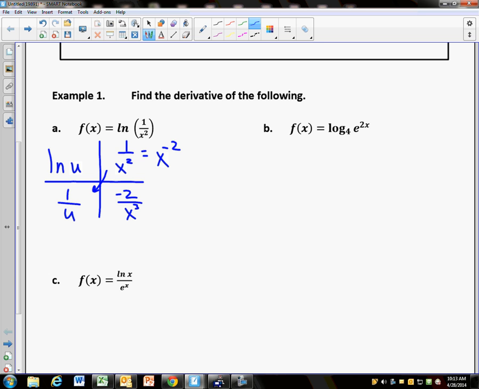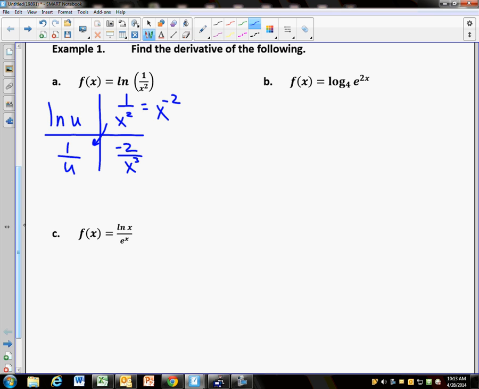So now what I have to do is I have to multiply them together, don't I? So if you have 1 over x squared and you plug it in for u right here, instead you're going to get 1 over x squared. What's 1 over x squared? Just x squared times negative 2 over x to the third.